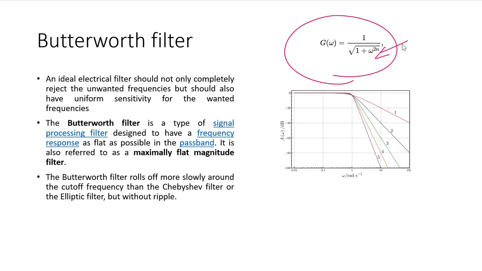More stages in the amplifier means a higher roll-off. The Butterworth filter is a type of signal processing filter designed for a flat frequency response, and a flat response can be obtained in the band pass filter by increasing this value of n. The Butterworth filter rolls off more slowly around the cutoff frequency than Chebyshev and elliptical filters, but without ripples.